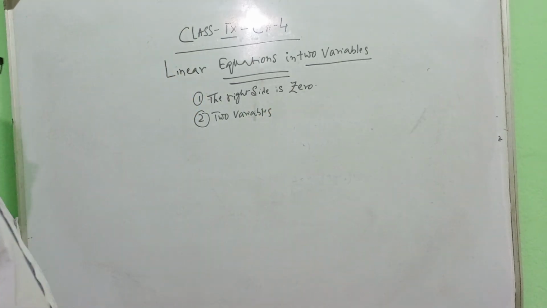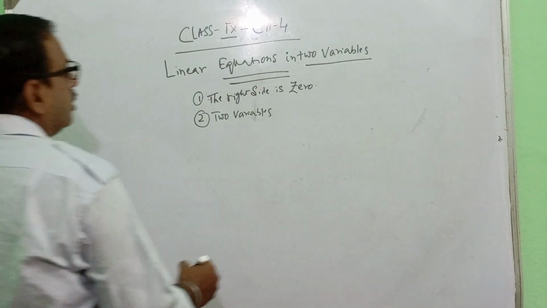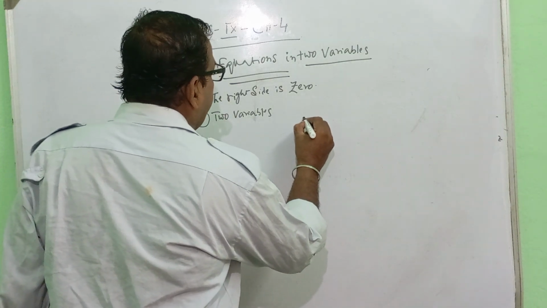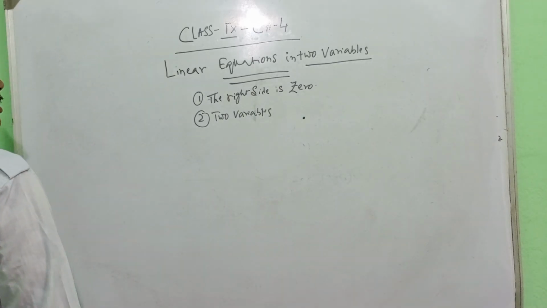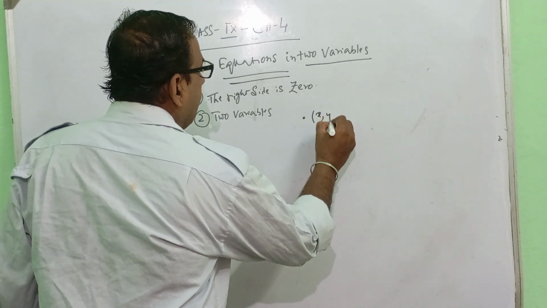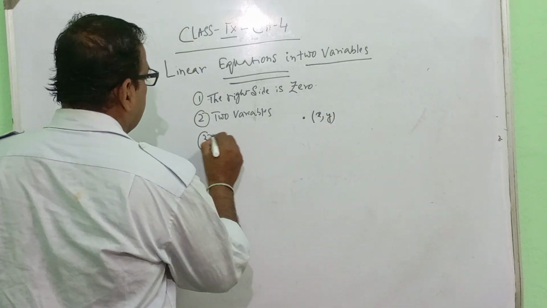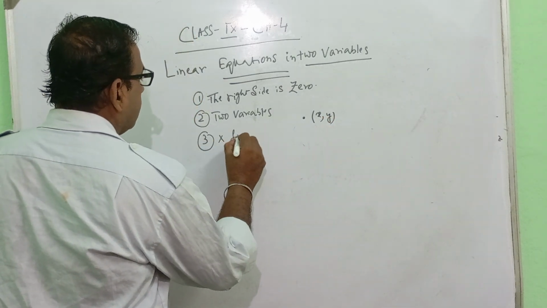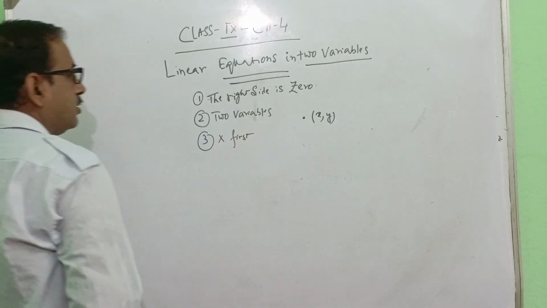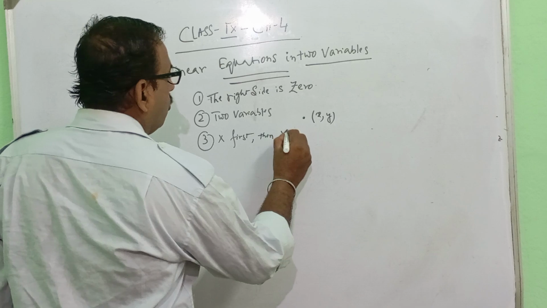Now these two things are necessary for that. Again, now if we consider a point, how can we write the coordinate? x comma y. That is x first, then y.